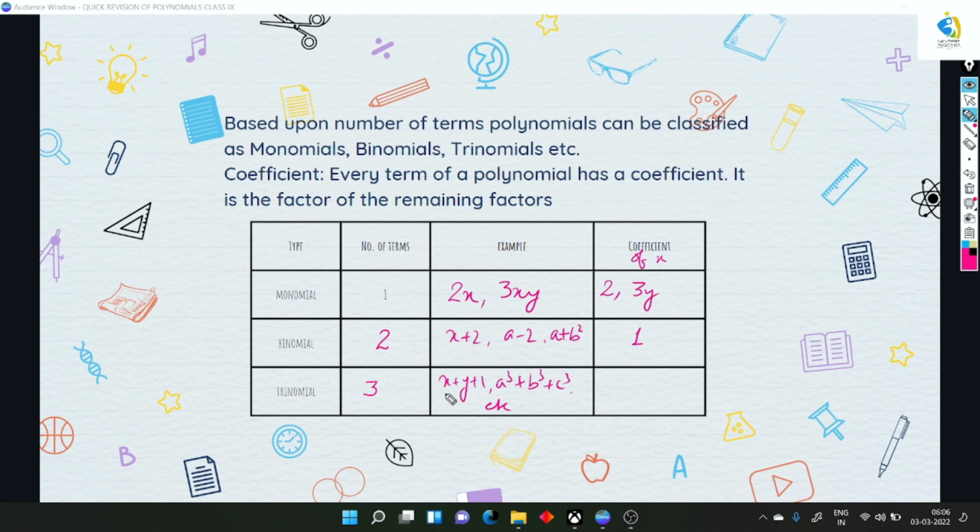It is very well visible that the variable x is present only in the first trinomial, and in the second one there is no x, so we will not consider that trinomial. So here the coefficient of x is 1. Let's move on further.